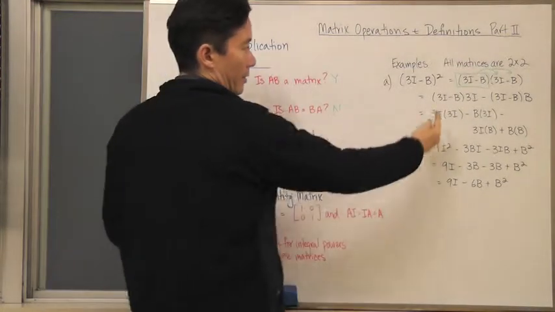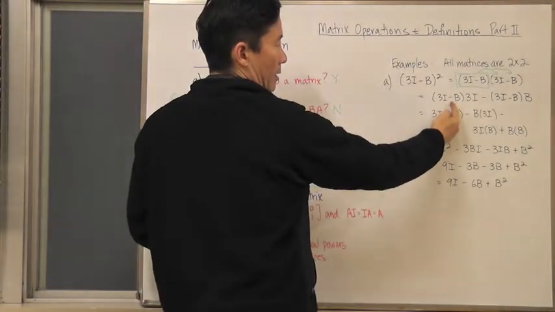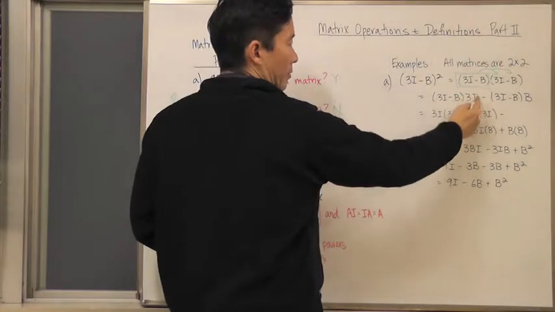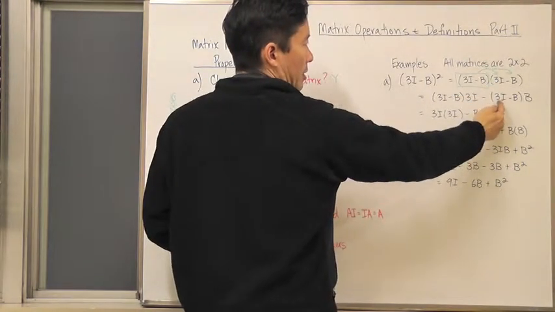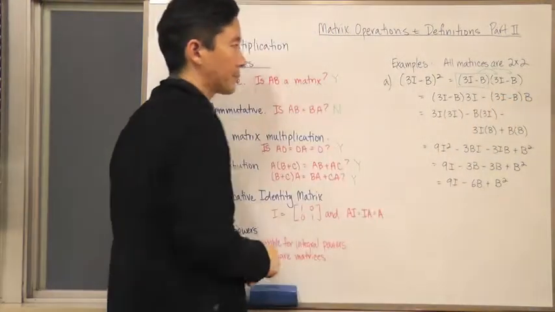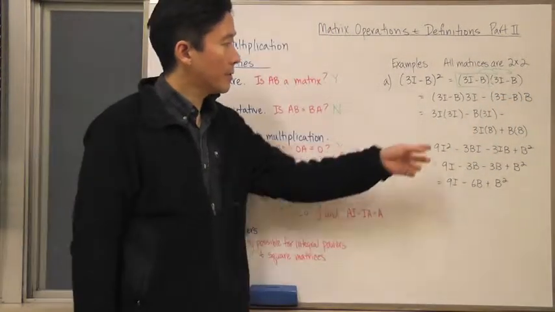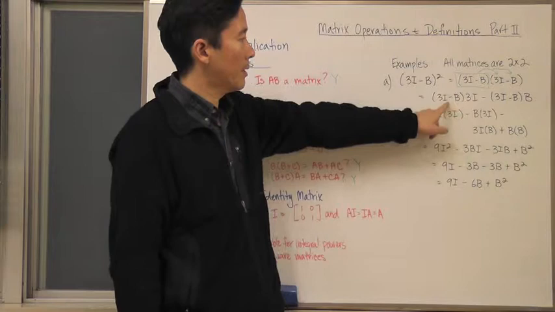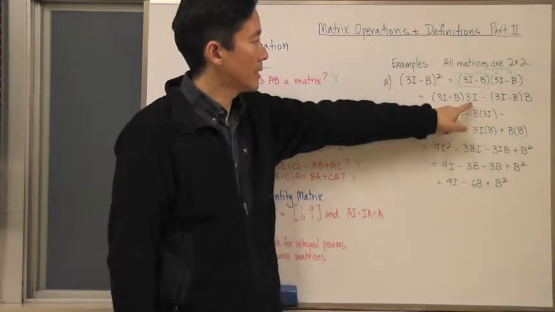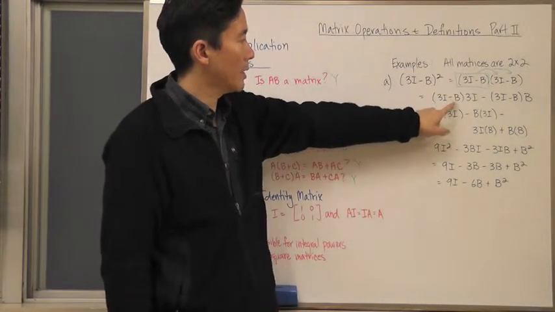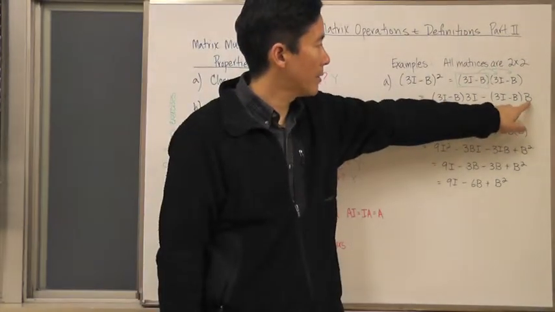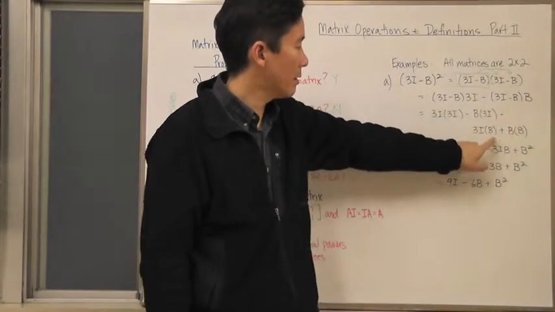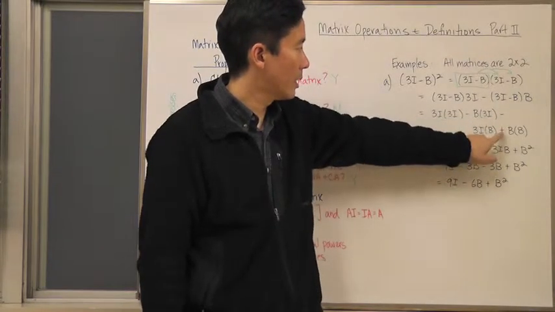So what I have here is 3I minus B left multiplied to 3I, minus the left multiplication of 3I minus B to B. Again, I still have to maintain the fact that I'm right multiplying 3I to the 3I minus B, and I'm also right multiplying B to the 3I minus B here, and notice I've also distributed the sign.